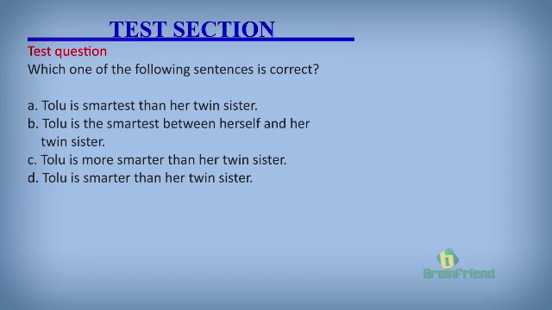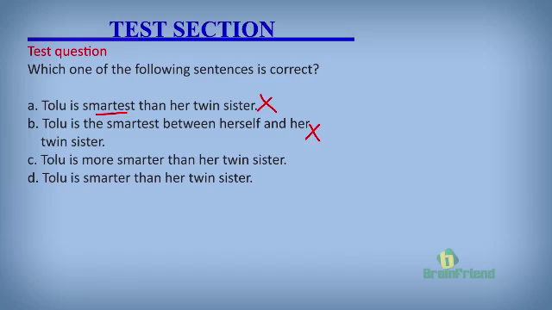A, Tolu is smartest than her twin sister. Is that correct? No. We use smartest when comparing more than two. So A is wrong. Tolu is smartest between herself and her twin sister. That is just so long, and it is incorrect. Tolu is more smarter than her twin sister.